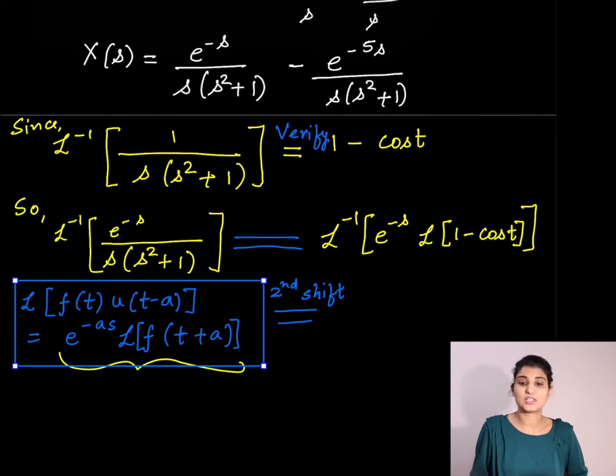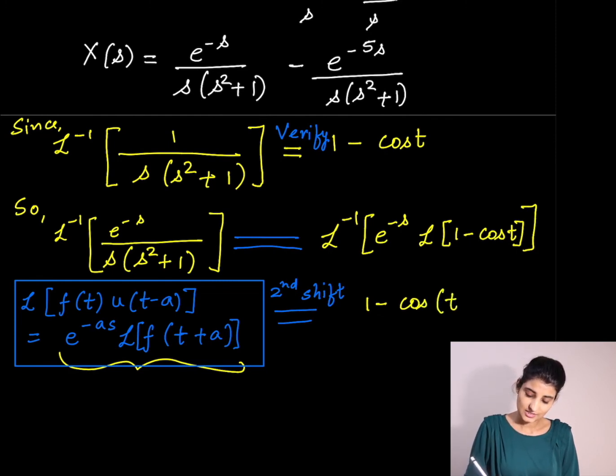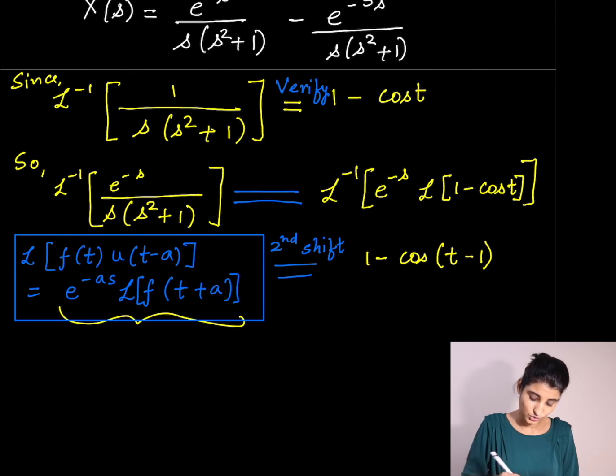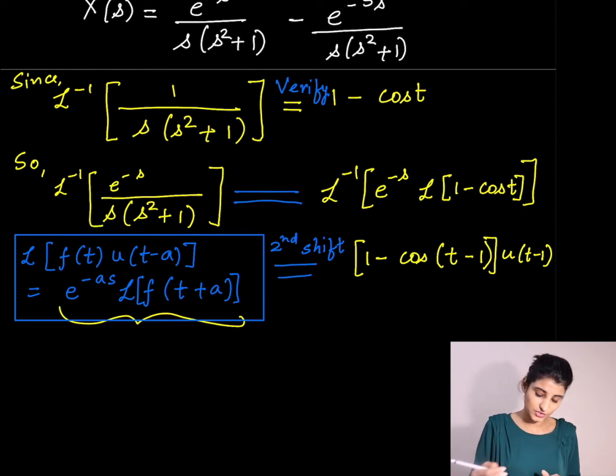So using this shift property, we will get 1 minus cosine, in place of t we'll replace it by t minus 1, and u of t minus 1, right? So this is the Laplace inverse for the first term.